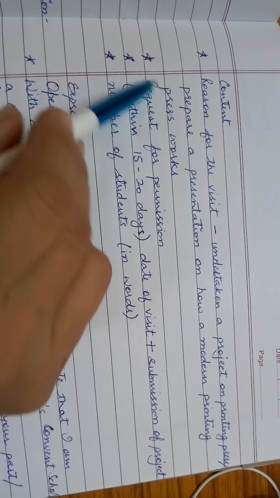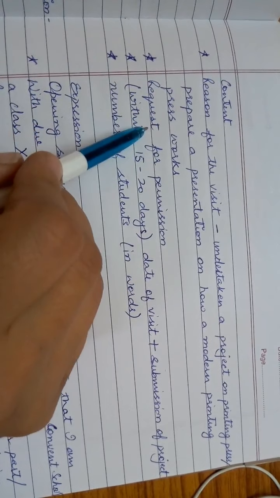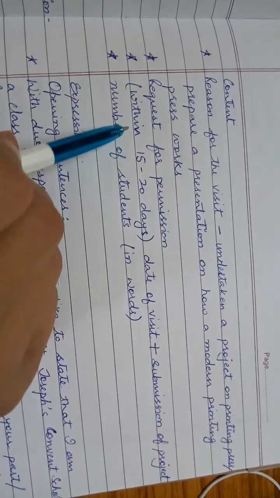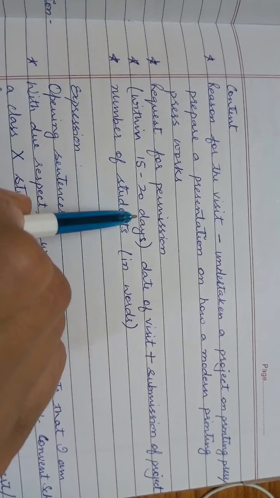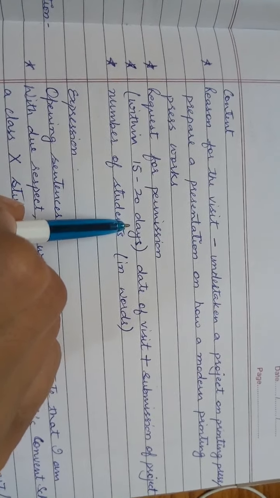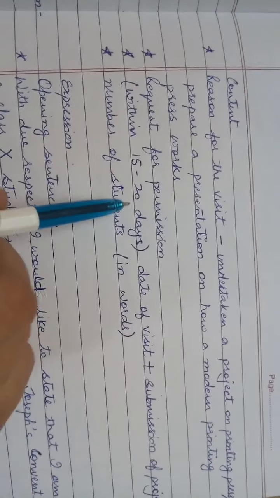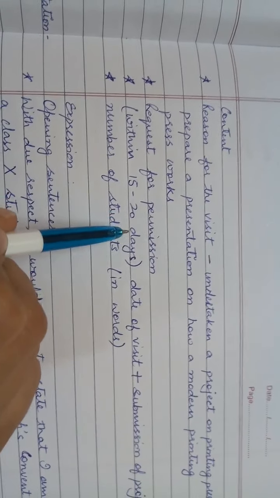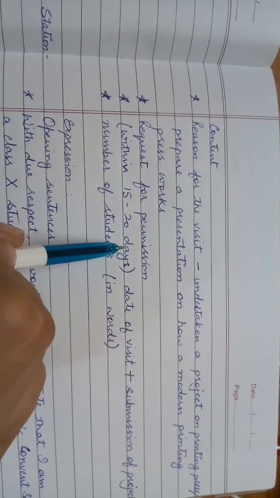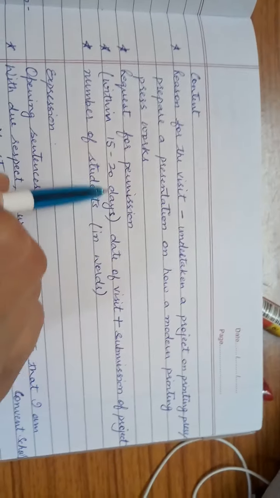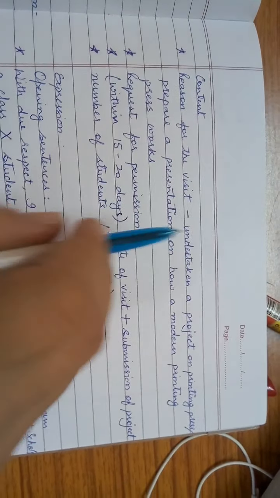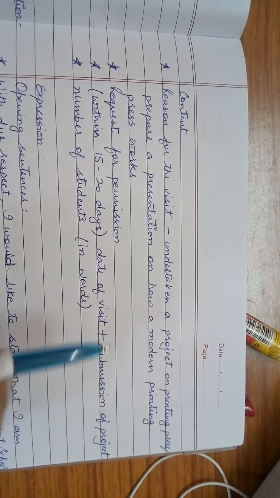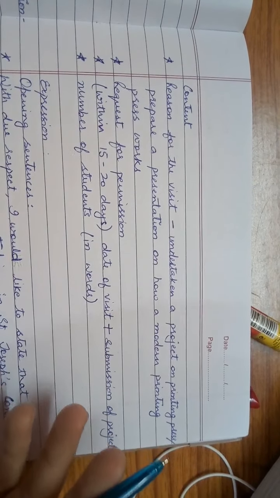This word request must be there. Then, when you intend to visit: this visit must be within 15 to 20 days of writing the letter. Suppose you are writing the letter on 7th May, then this date can be 22 May 2020. Now you have to mention the date of the visit, and along with it, you can give one more piece of information, that you need to submit this project on or after 25 May.